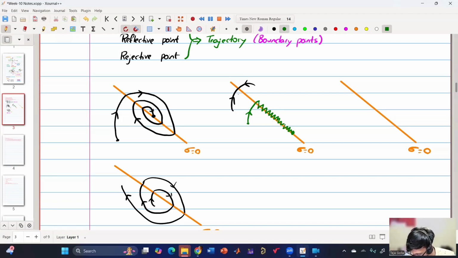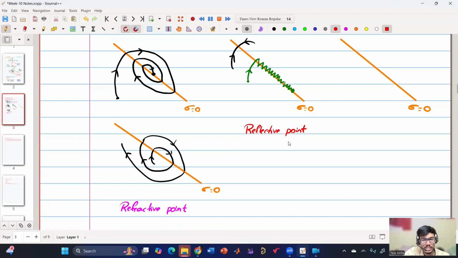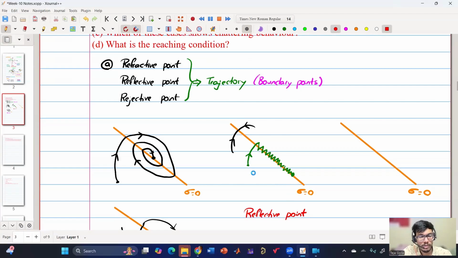So this is called a reflective point. This is refractive, this is reflective. Because on both sides, it is trying to push towards the line. Whereas in this case, it is coming towards the line on one side and away from the line on the other side. So that's why it's called refractive, as if it is getting refracted.